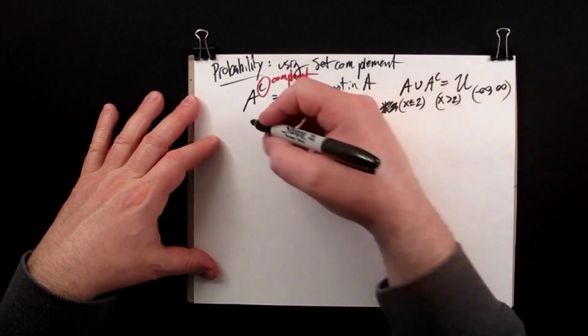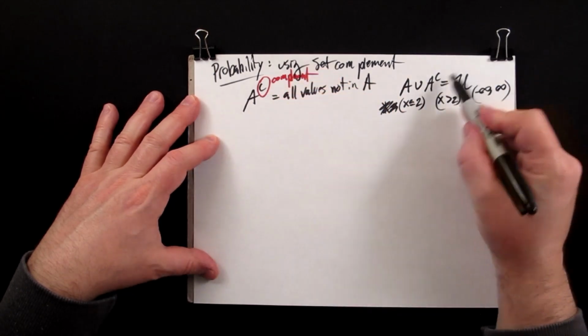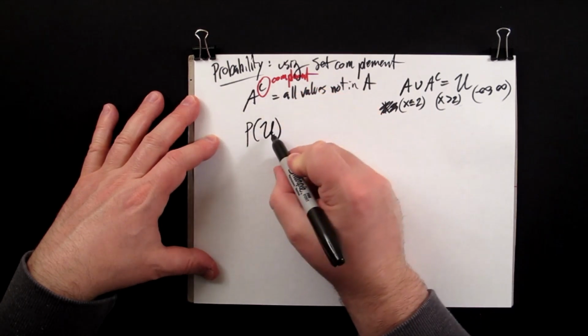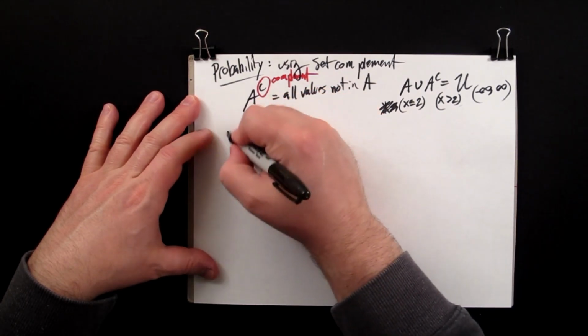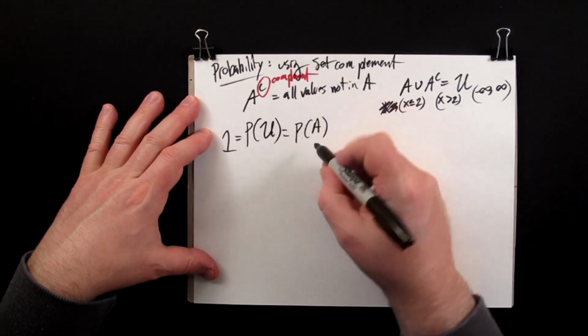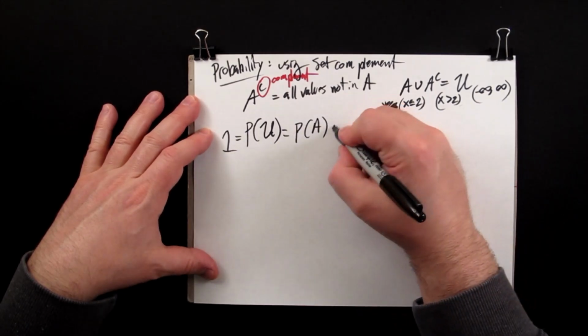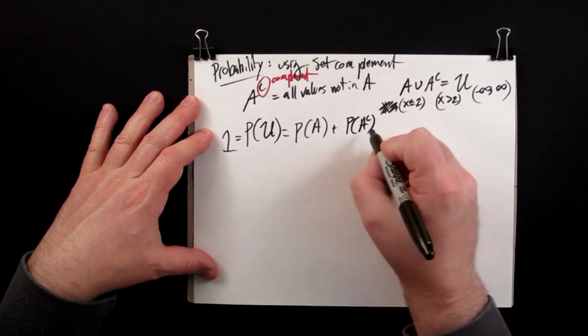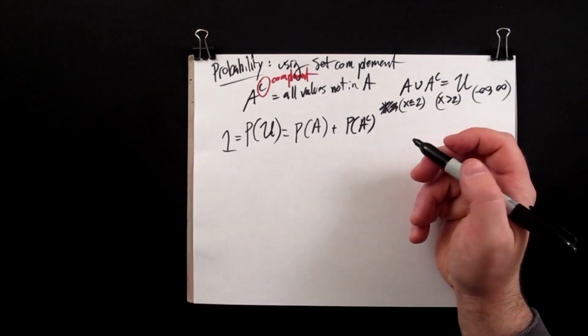Okay, in terms of probability, though, the probability of the universe, so having some event happen in the universe, is 1. And the probability of seeing something in the set or in its complement, you have to add them together and you're going to get 1. So how is this useful?